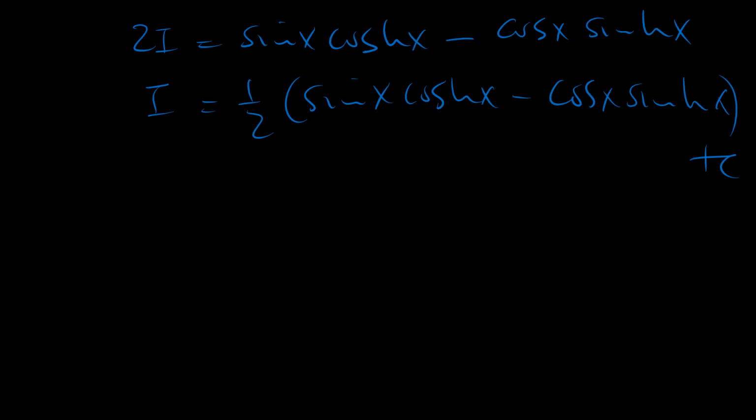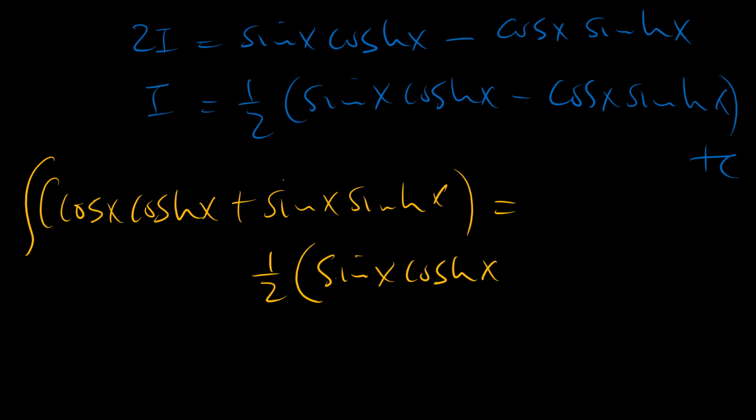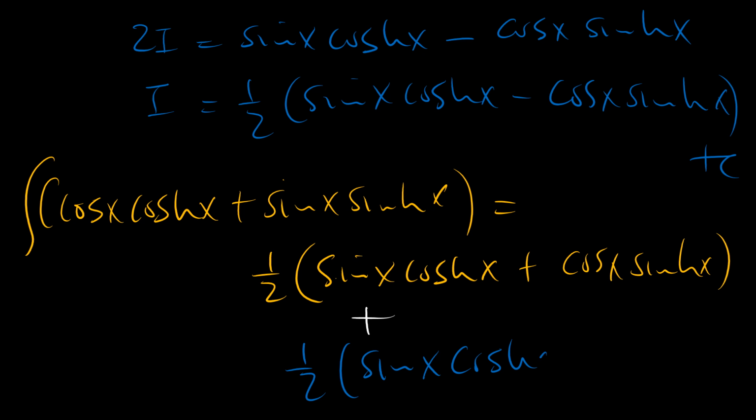So our original integral, cos x cosh x plus sine x sinh x, equals the two integrals we found: a half of sine x cosh x plus cos x sinh x, and then we add the blue integral, a half of sine x cosh x minus cos x sinh x.